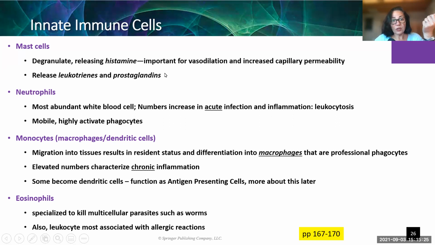Mast cells can also, once they're done releasing the histamine that they had stored up, produce leukotrienes and prostaglandins that have some of the same effects as histamine. So there's vasodilation, there's increased capillary permeability.